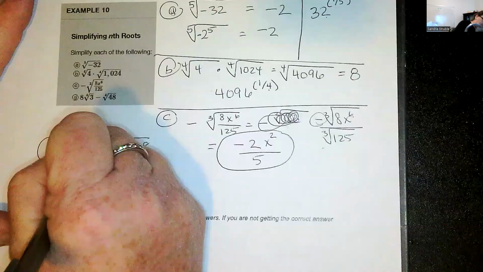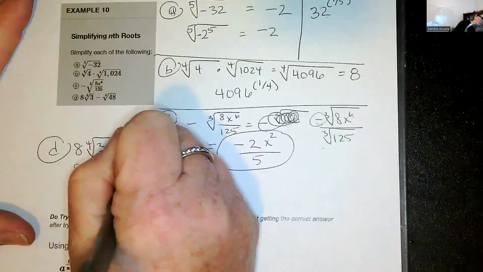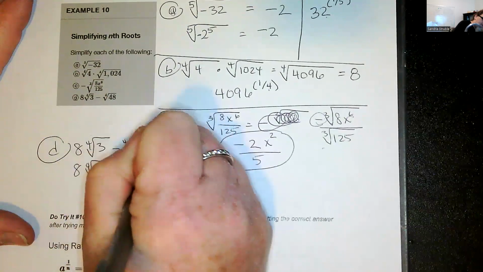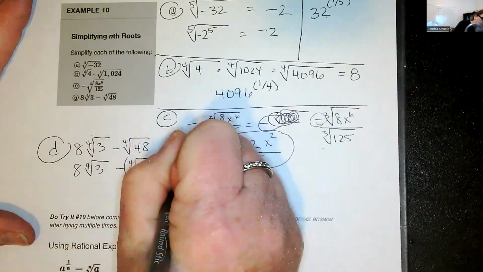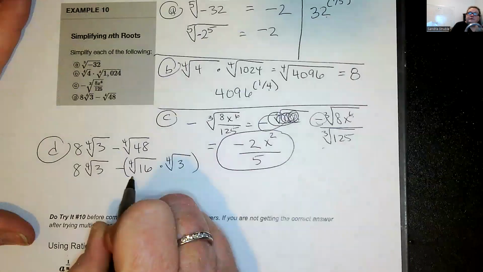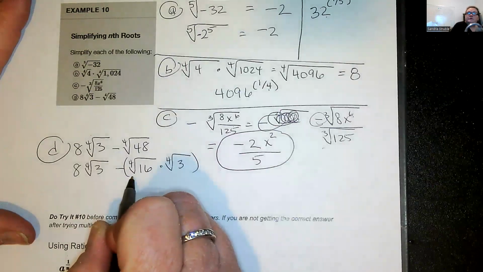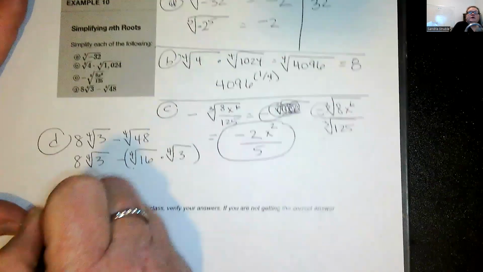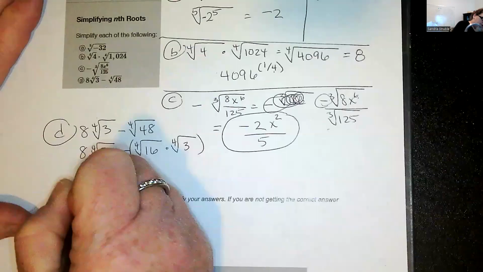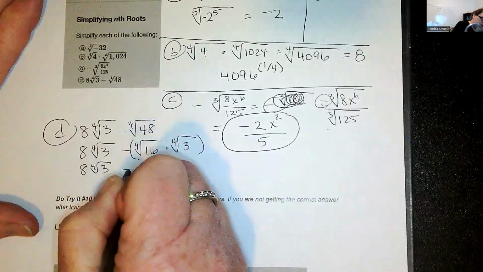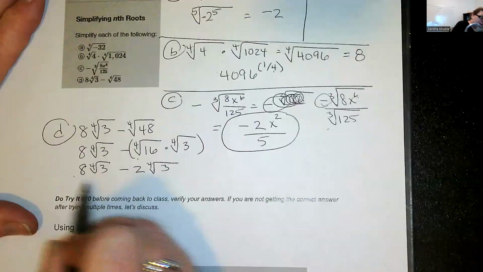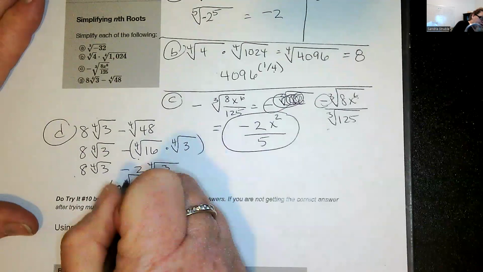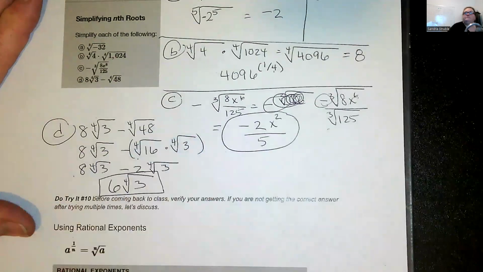So 8 4th root of 3 minus, I'm going to break these down, 4th root of 16 times the 4th root of 3. The 4th root of 16 is 2. 2 squared is 4. 4 squared is 16. So I've got 8 4th root of 3 minus 2 4th root of 3. 8 minus 2 is 6, 4th root of 3. And that's the final answer for that one. Okay.